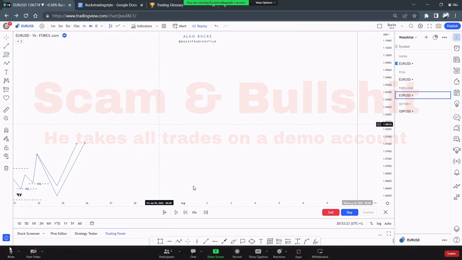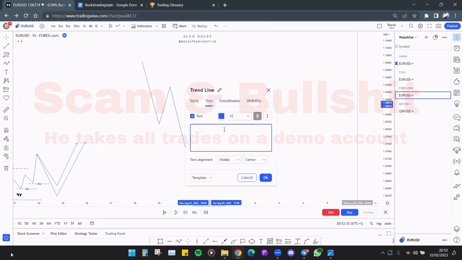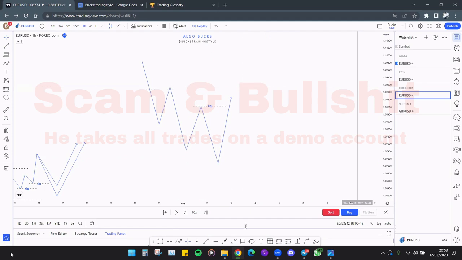Let's use the downtrend as a scenario. At this point right here, this is the inducement, the ILQ. After the ILQ, we want to see price go directly to the true break of structure.